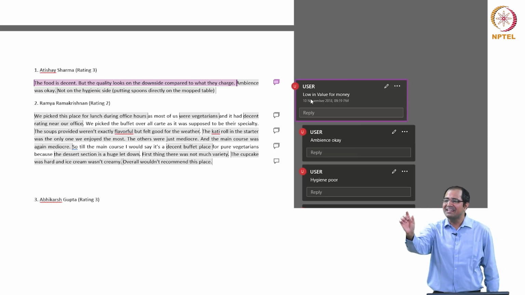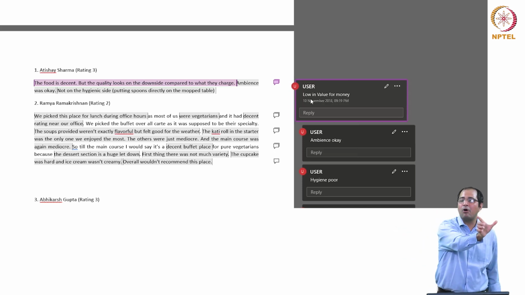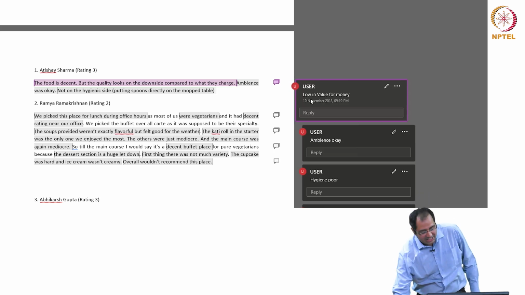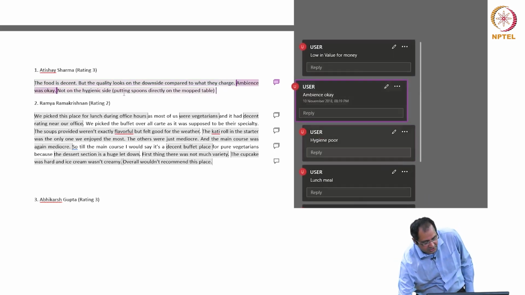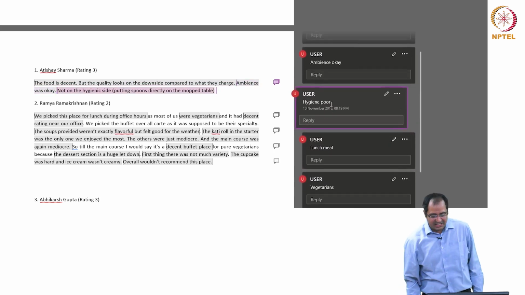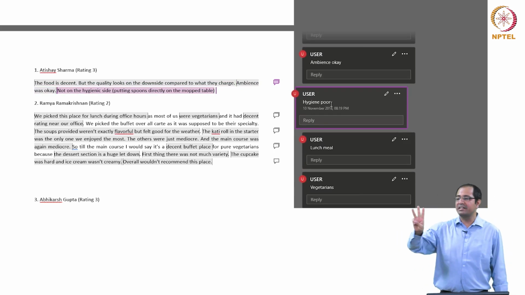Open code means giving the same meaning in 1 or 2 words about what is written in the sentence. Next one, ambience was okay, so the code is ambience okay. Then not on the hygienic side, putting spoons directly on the table, is hygiene poor. So these 3 codes are coming from the first review.